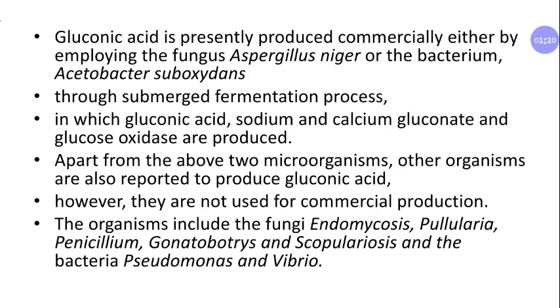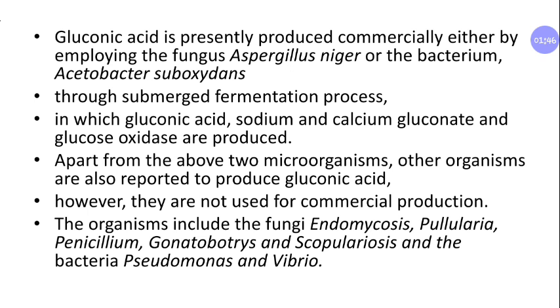At present, it is commercially produced by using the fungus Aspergillus niger or the bacterium Acetobacter suboxidans. The mainly used process is submerged fermentation. In this process, gluconic acid, sodium and calcium gluconate, and glucose oxidase are produced.